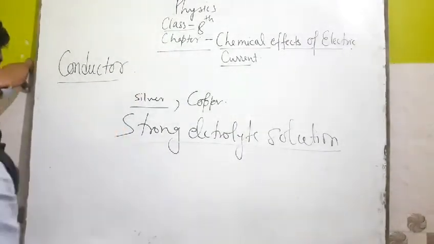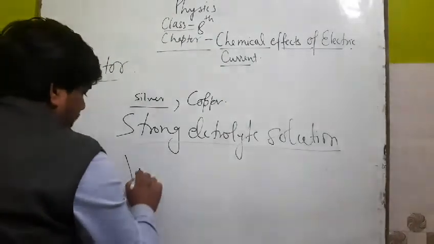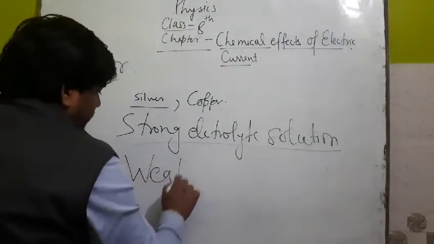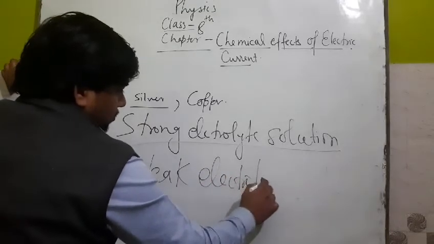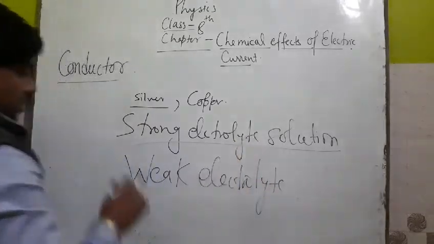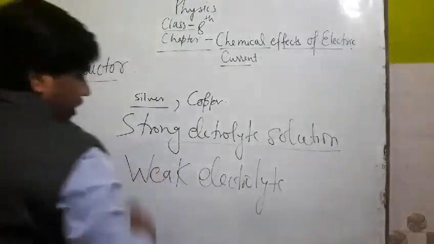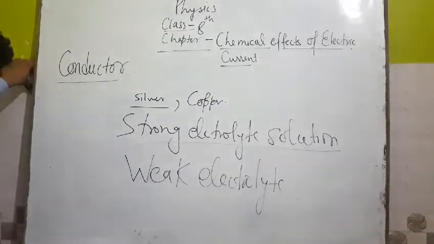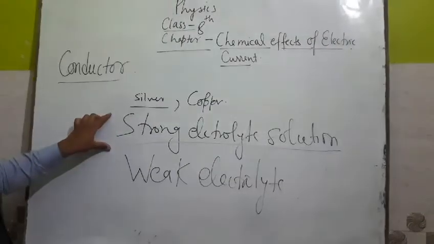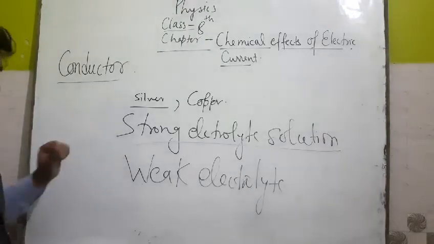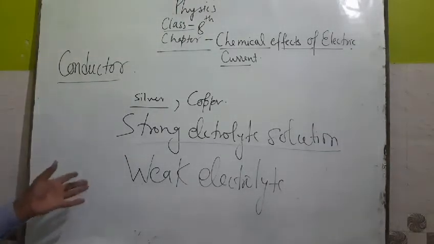And a solution of a weak electrolyte, अगर यहीं के weak electrolyte की बात करेंगे, the solution of a weak electrolyte is a bad or poor conductor of electric current. And this is the good conductor of electric current, and this is the bad conductor. Clear?